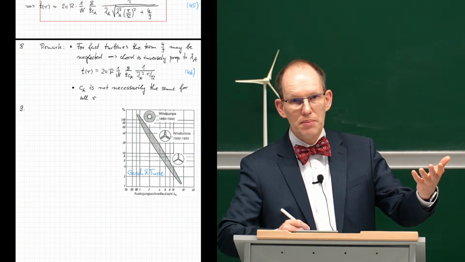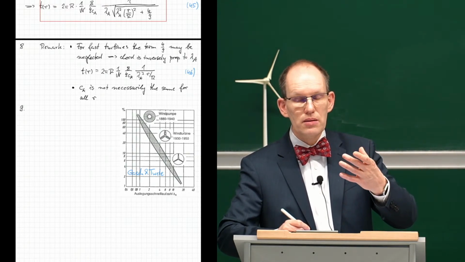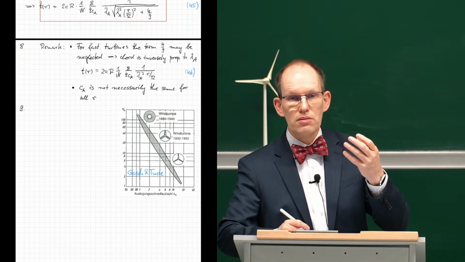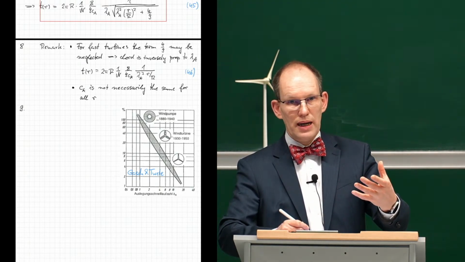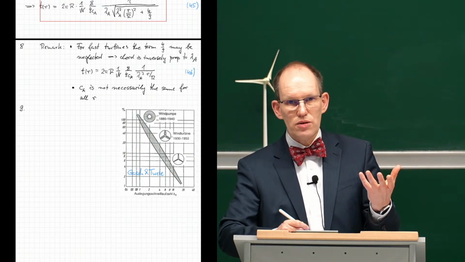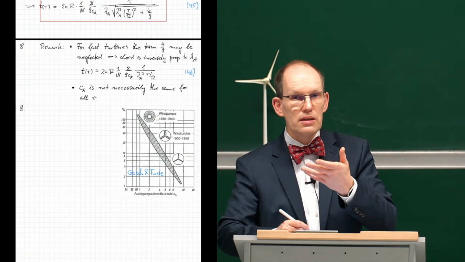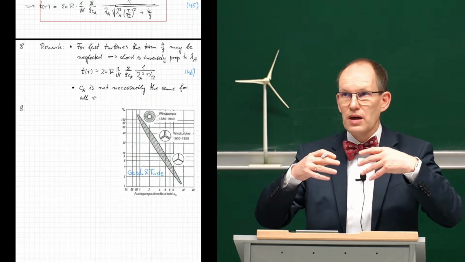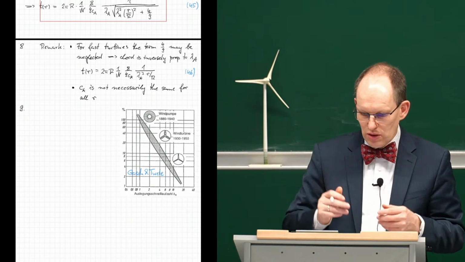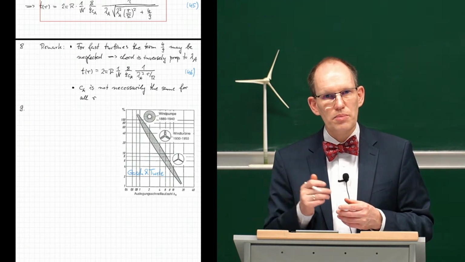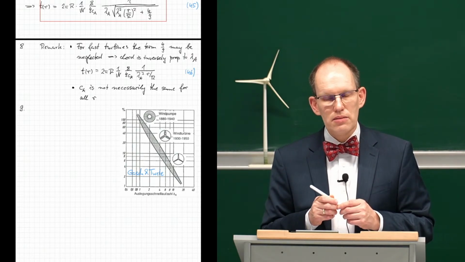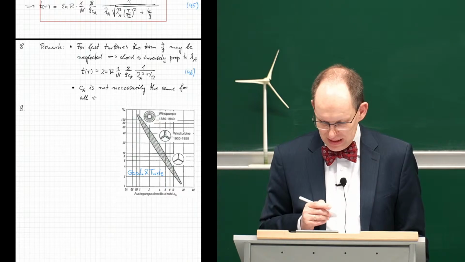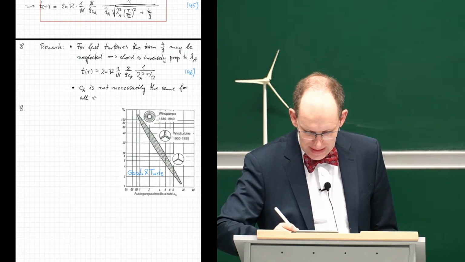What you see is that we plot the ratio of the blade surface to the surface that is swept. If you think about a modern windmill, then we know that the chord length is very small. Therefore, the ratio of the blade surface is quite small as compared to the area swept by these blades. And this is what you see here.